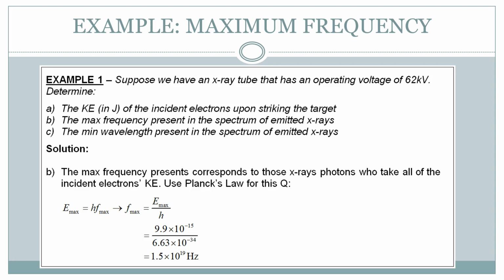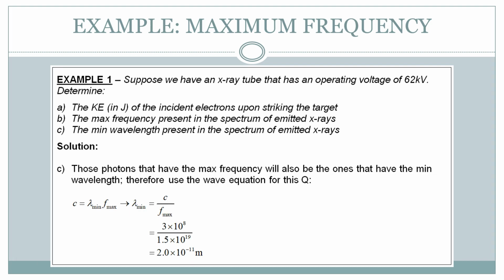We worked out that was 9.9 times 10 to the negative 15. So now it's just a matter of dividing that maximum energy by Planck's constant, and that gives us a maximum frequency of 1.5 times 10 to the 19 Hertz. So in the X-ray spectrum for this particular example, no frequencies would be seen beyond 1.5 times 10 to the 19 Hertz. That's our maximum frequency, or our cutoff.